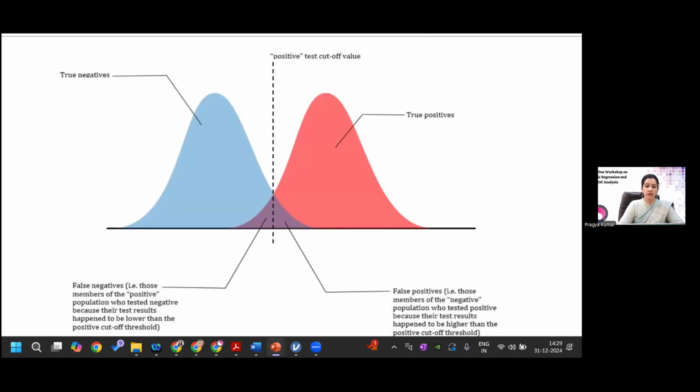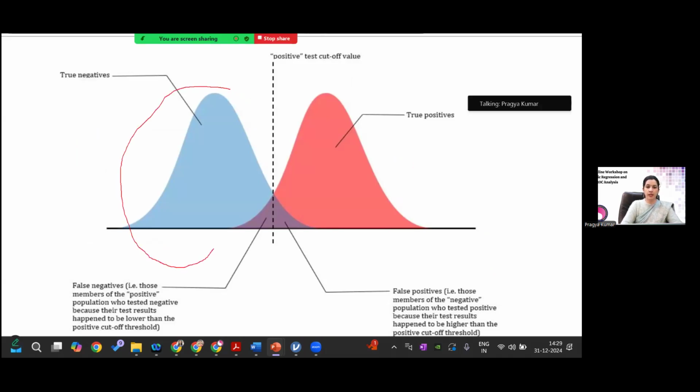Again, we have seen a similar graph previously. There are two graphs here, and this is showing you the true negative, and this is showing you the true positive. And this is the area where it is negative. So this is your false negative and this is your false positive. False negatives are those members of the positive population who tested negative because their test result happened to be lower than the positive cutoff threshold.